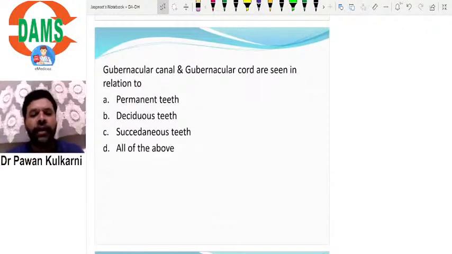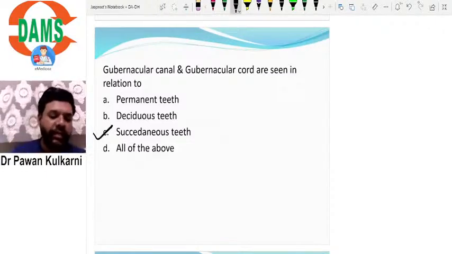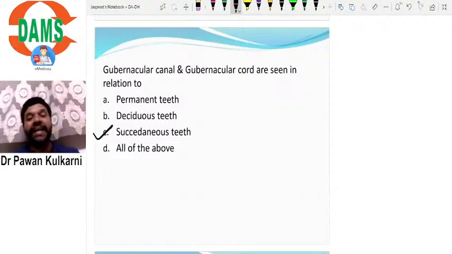Gubernacular canal and gubernacular cords are seen in relation to... They are always seen in relation to succedaneous teeth. What do you mean by succedaneous teeth? The teeth which have a predecessor. Why not permanent teeth? Because succedaneous teeth are permanent also, but some permanent teeth do not have any predecessor, so they are not called succedaneous.